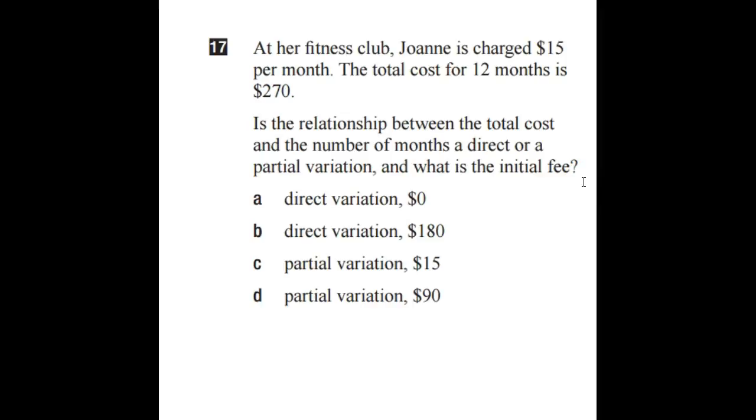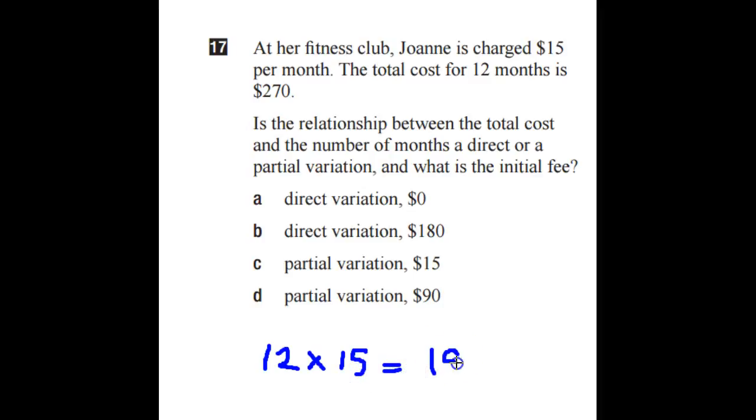All right, so it looks to me like she's just charged a plain old $15 per month. So if she's working there for 12 months, then 12 times 15, if there's no initial fee, should cost me $270. So let's check that out. It turns out that 12 times $15, because she's paying $15 a month, actually gives me $180.